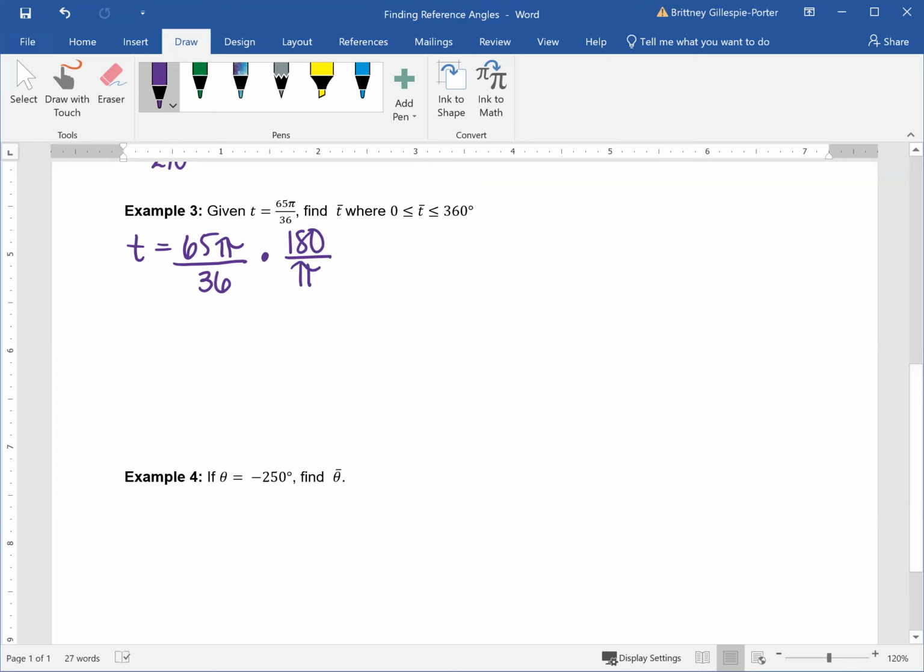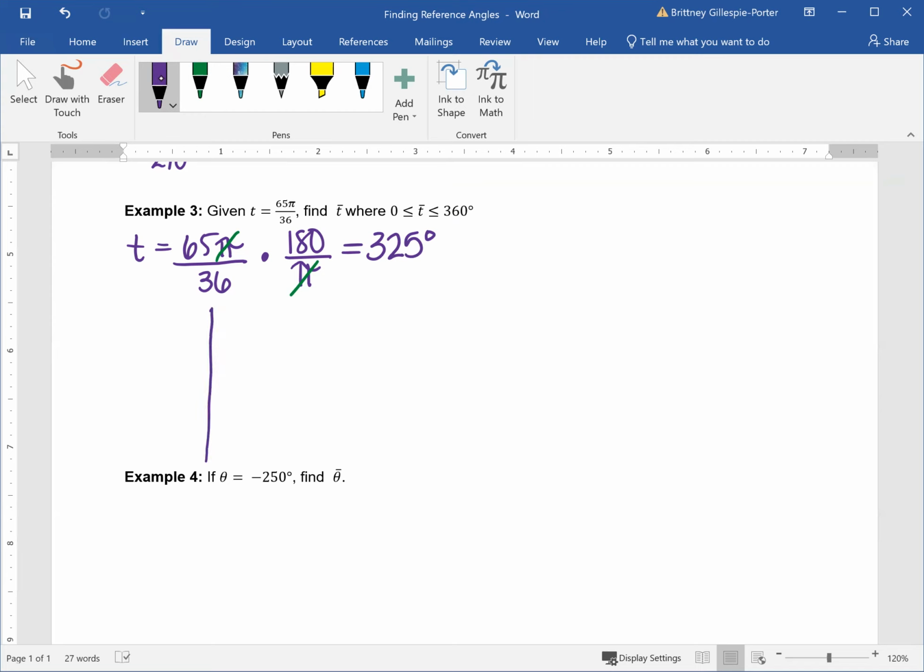Remember that the pi's cancel out. If we take 65 times 180 and then divide by 36, we have 325 degrees. That is our original angle.